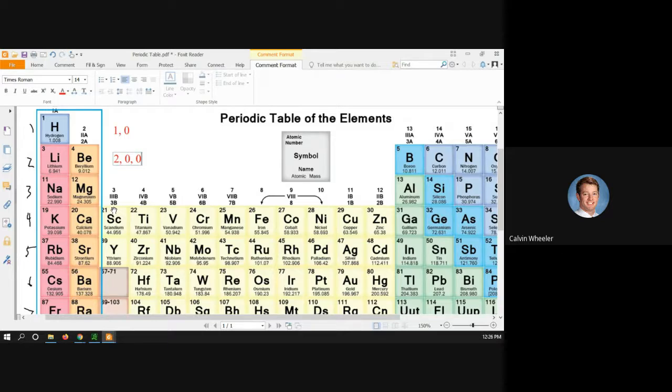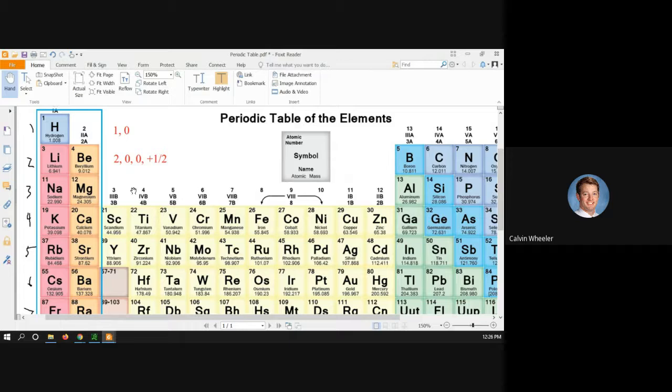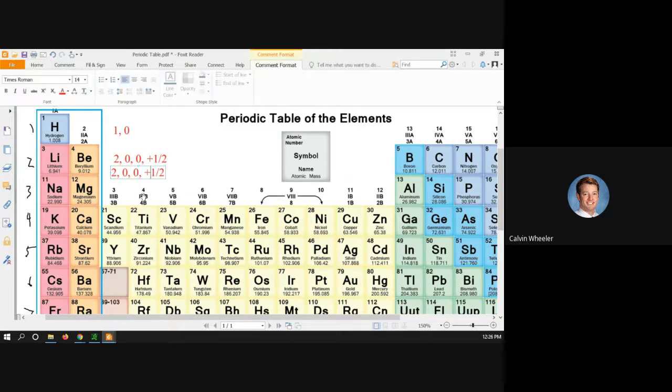It's not until that last quantum number that I provide do I arrive at what element I'm talking about, what last electron I'm talking about. So this address, 2, 0, 0, positive 1/2, is lithium. Beryllium has the address 2, 0, 0, negative 1/2.